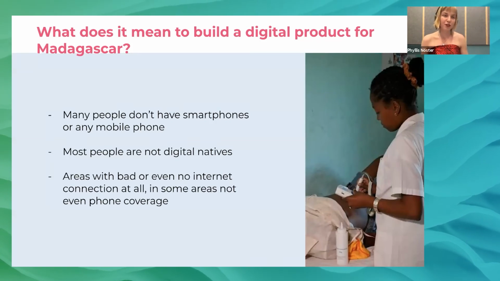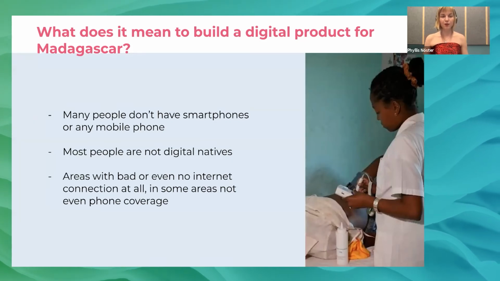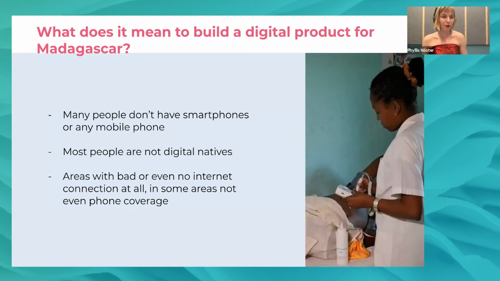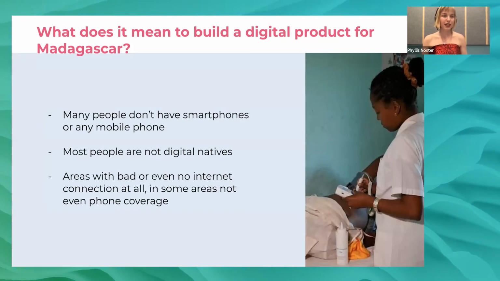One limitation for us was that many people don't have smartphones, and some also don't have mobile phones. Generally, what we've noticed though is that most people can access a feature phone somewhere in their network. Maybe they don't have a phone themselves, but their parent or someone in their community has a phone that they can use when they need it.